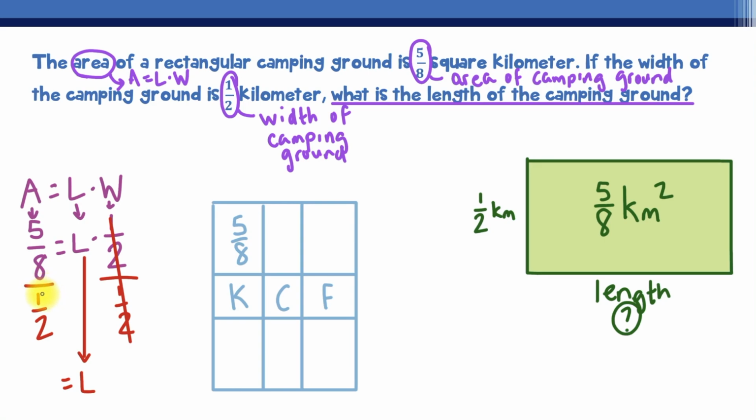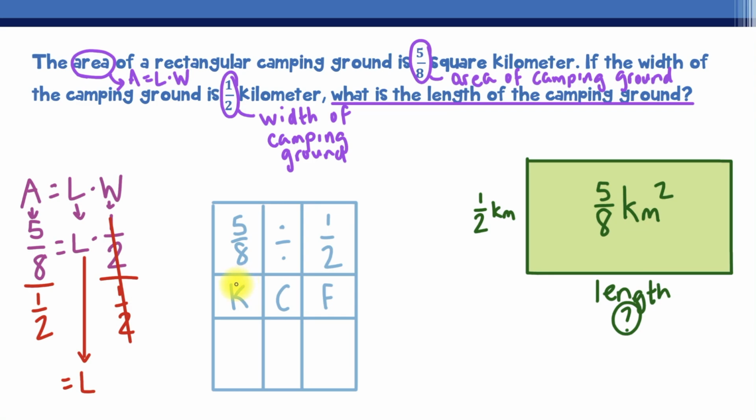This division symbol, represented by the line, will go here. And our second fraction, 1/2, will go here. So we had 5/8 divided by 1/2, and here we have it written across.